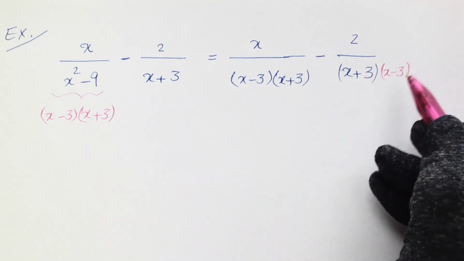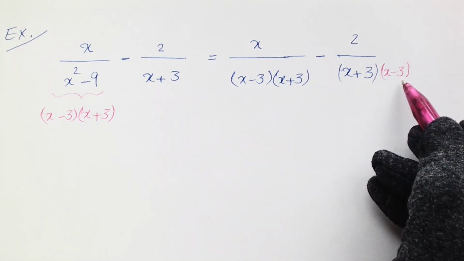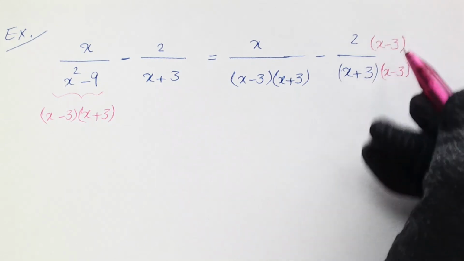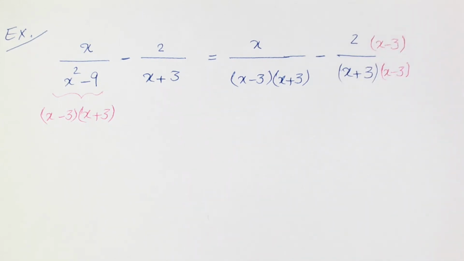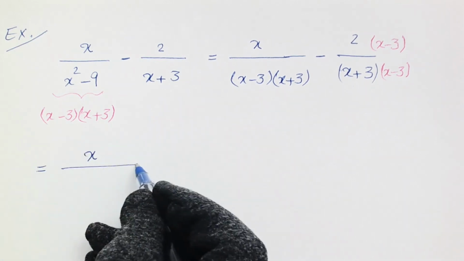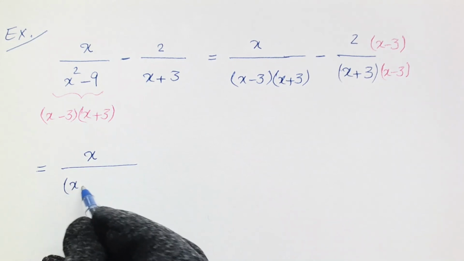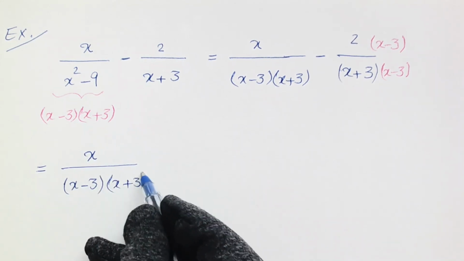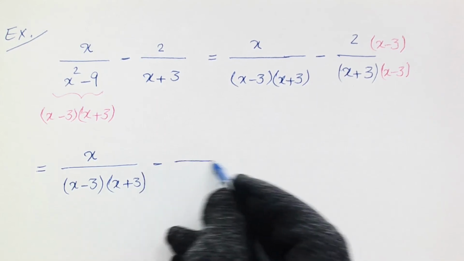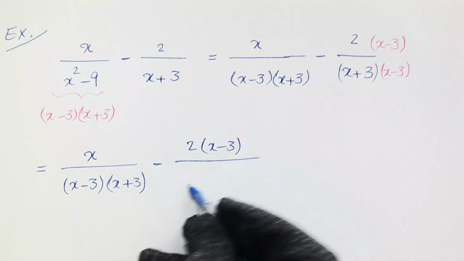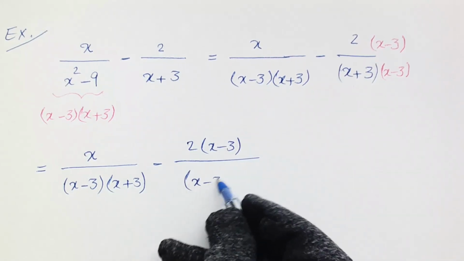Because this is a fraction, if I multiply the denominator by any non-zero term, I have to multiply the top of the fraction as well. So if I rewrite both fractions, now I have x over x minus 3 times x plus 3, minus 2 times x minus 3 over x minus 3 times x plus 3.